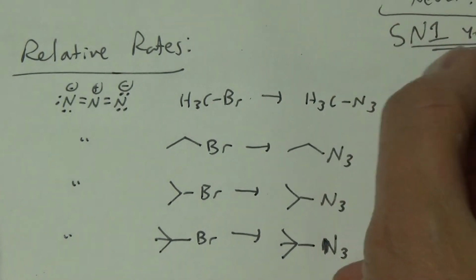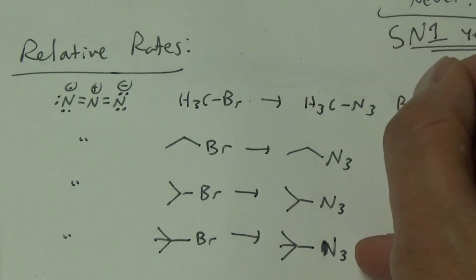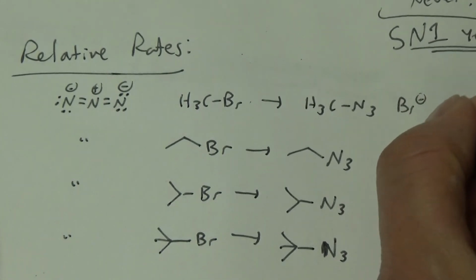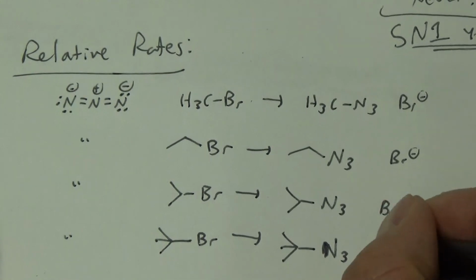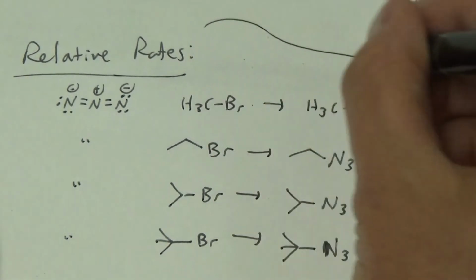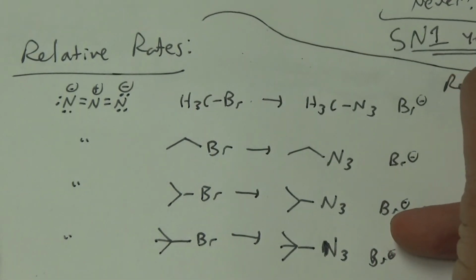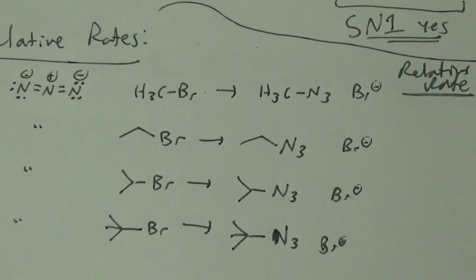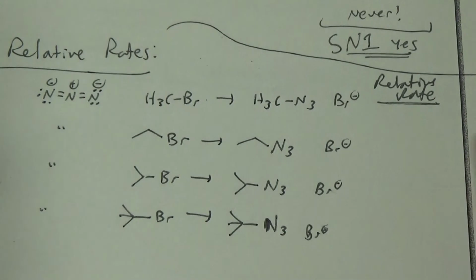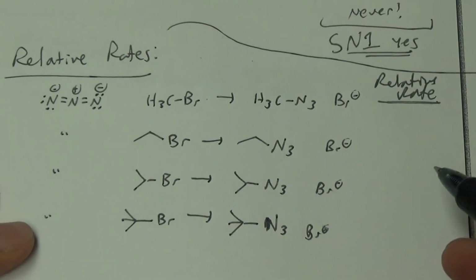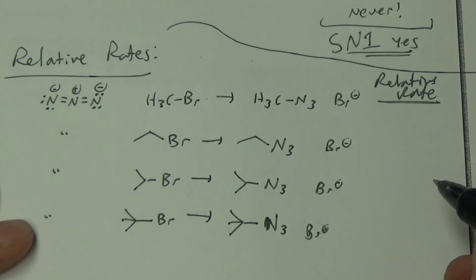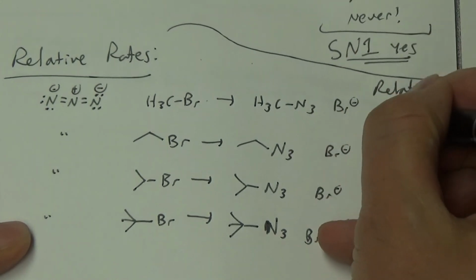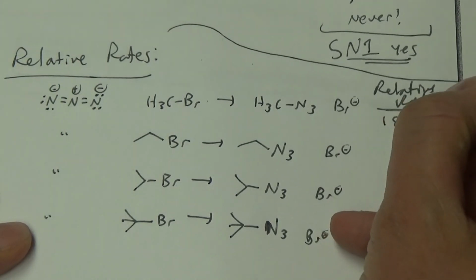And of course there's Br minus, Br minus, Br minus, Br minus. And the relative rate of those reactions. Methyl is 18,560, so relatively fast.